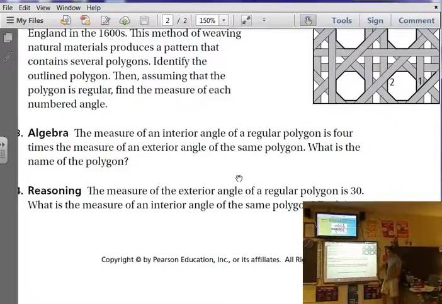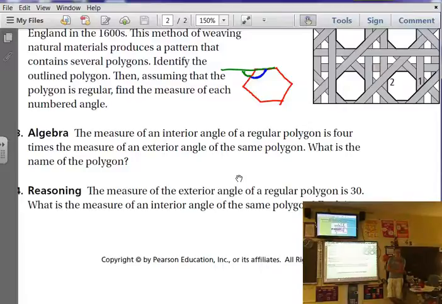So when we think about an interior and an exterior, if I draw, let's say, a kind of hexagon. So we're saying that this is the interior angle, and then this is my exterior, or the other line coming off. So what do I know about them?